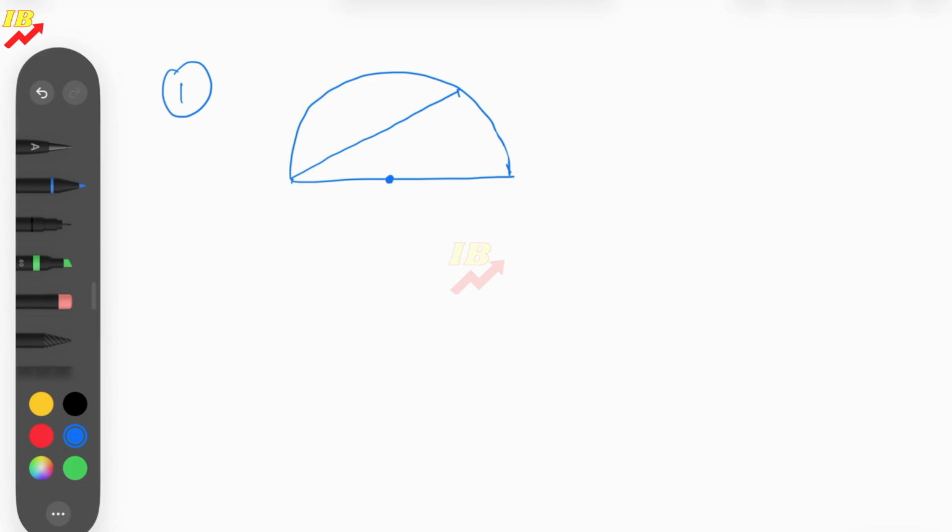If I am giving you this as A and C and this point is B, and I'm not marking the center, you cannot confirm that this is a semicircle. There should be a precise center mark over here, then only you can say that this is a semicircle. If this kind of dot is given, that means it is a semicircle. Now you can proceed with the further steps.